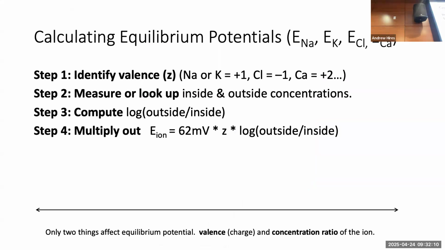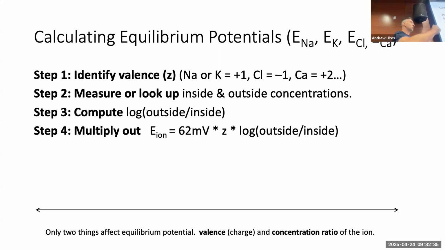So, equilibrium potential. What is the equilibrium potential again? Equilibrium potential is where the membrane potential is at a particular level so that the concentration gradient of a particular ion species is balanced by the electrical gradient. So how do we calculate that?